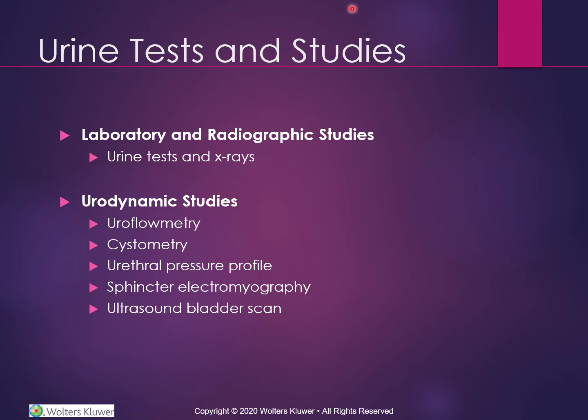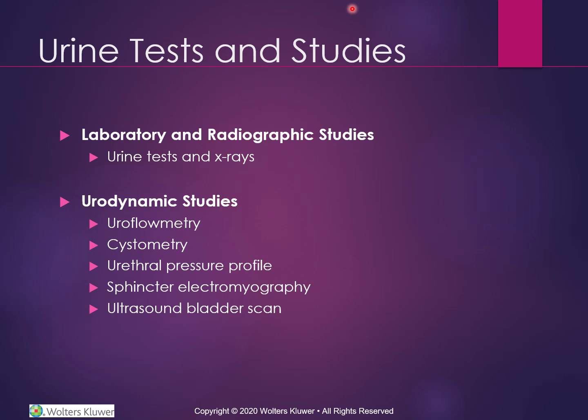Uroflowmetry is a study that measures the speed of flow of the urine itself. We do this through commode-based sensors that directly measure the speed of urine flow. Cystometry is a very helpful urodynamic study. It measures pressures within the bladder. So it can pick up things like, can someone sense when their bladder is getting full?